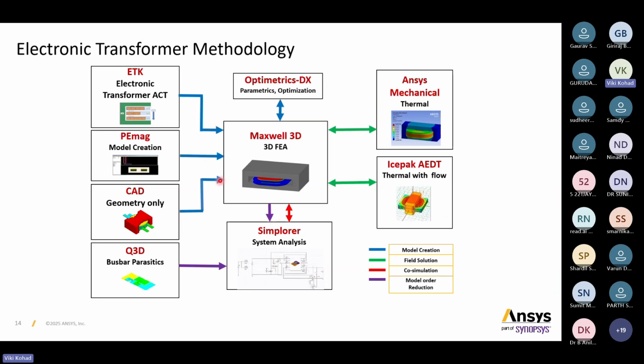Now here you can see, these are the model design parameters and these are the field solution. Okay, these are the two-way solutions you can see. The two-way coupling part is there. Okay, so any of the results you transfer from Maxwell to mechanical. So after the coupling, after transferring the results into the mechanical or the iSpec, if you change any parameter in the Maxwell 3D, your losses are getting changed.